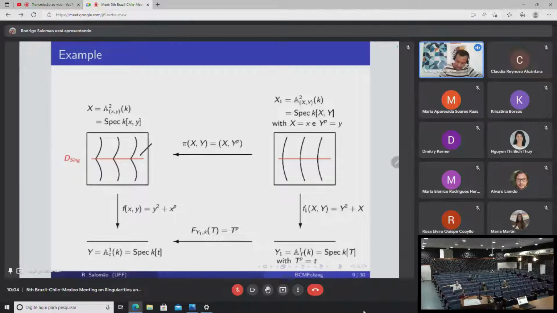Firstly, this horizontal prime divisor is given by y equals 0, and the pre-image under this map is capital Y equals 0.